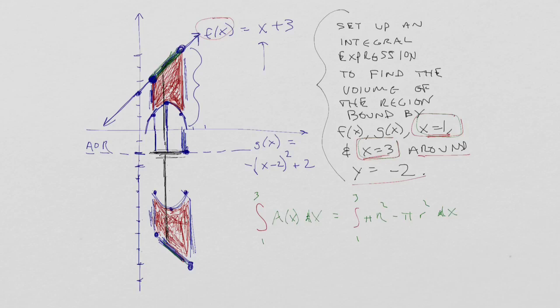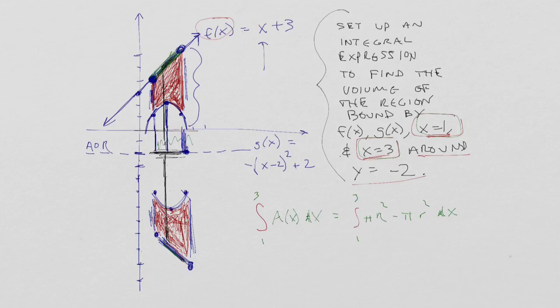The distance from the x-axis up to the outer edge is given by the line x plus 3. That's the distance from the x-axis, but that is not the distance to the axis of rotation. To get this additional distance, just like we did when we were flipping the points around, I've got to add an additional 2 units. So the distance to anywhere along this outer edge is going to be x plus 3 plus a bonus 2 to cover this distance.